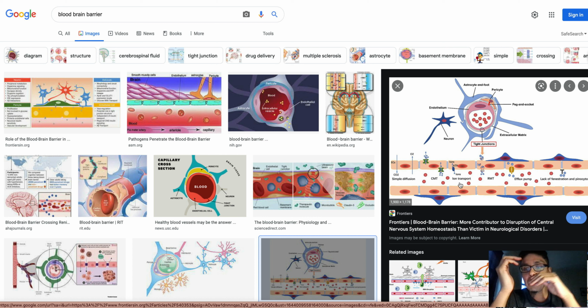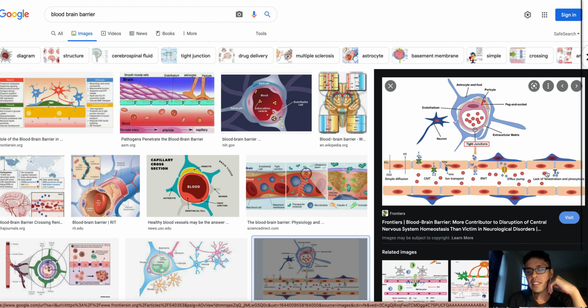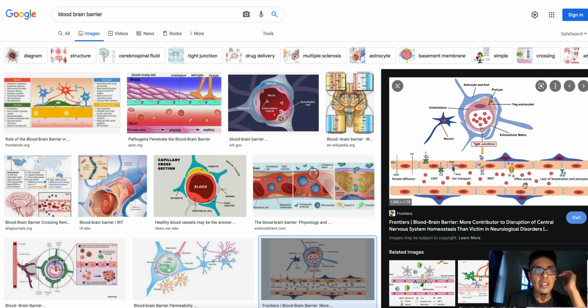And the blood-brain barrier, if you look at it, is an endothelial layer that surrounds the blood vessels that surround the brain, and essentially it prevents certain substances from getting into the brain. So the brain really needs, obviously, blood, right? Like every organ needs blood, but the brain needs oxygen.